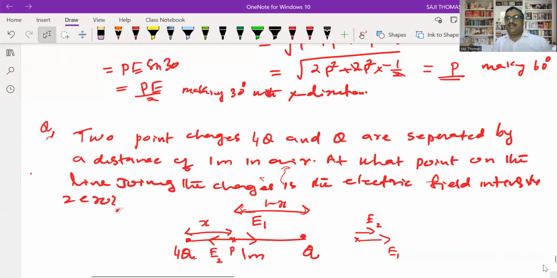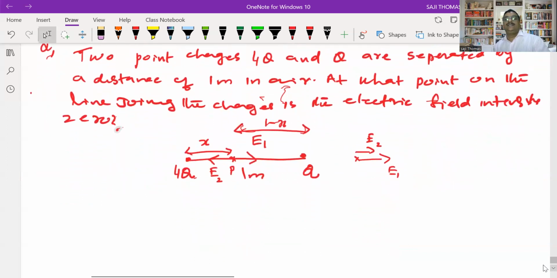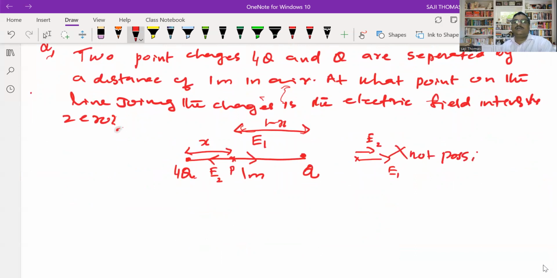Then only the net field at the point P is 0, right? So we can write at the point P, E1 equals E2.